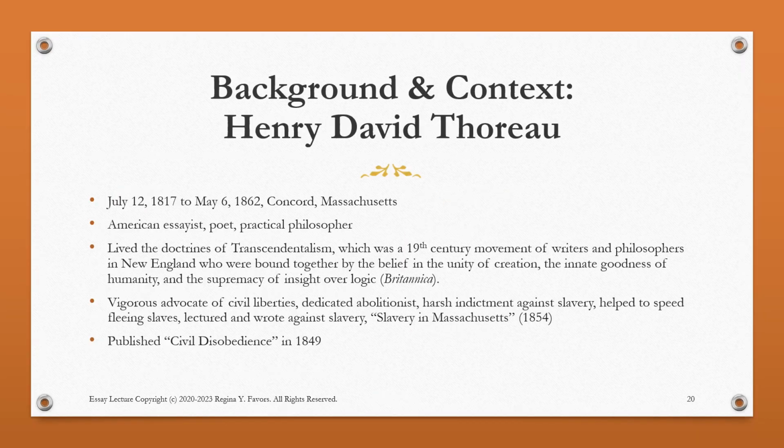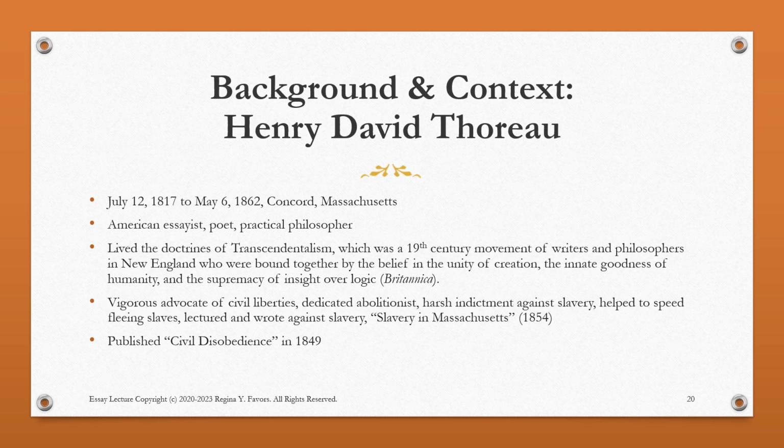So Henry David Thoreau, born in Concord, Massachusetts, he was an American essayist, poet, practical philosopher, lived the doctrines of transcendentalism, which was a 19th century movement of writers and philosophers in New England who were bound together by the belief in the unity of creation, the innate goodness of humanity, and the supremacy of insight over logic.